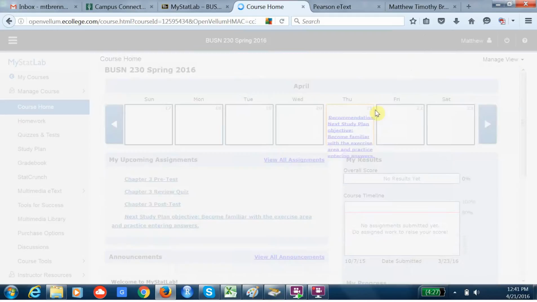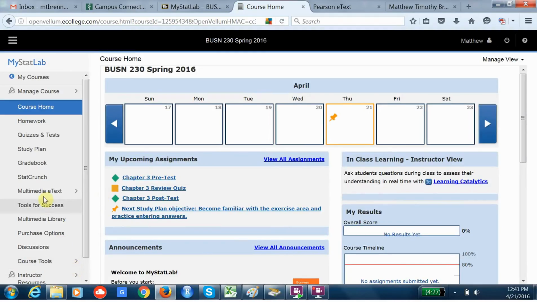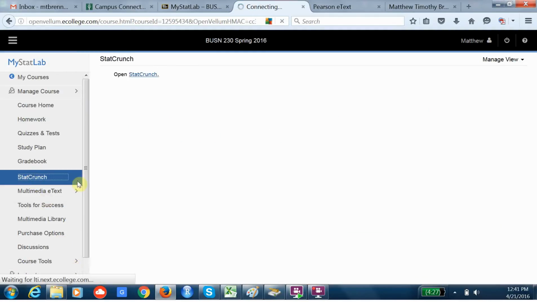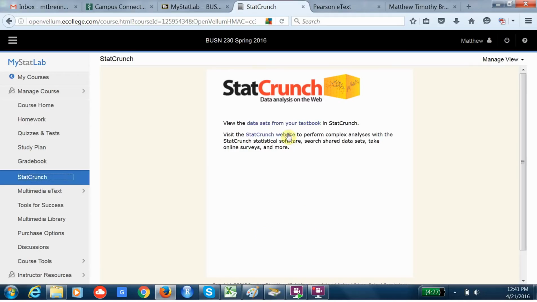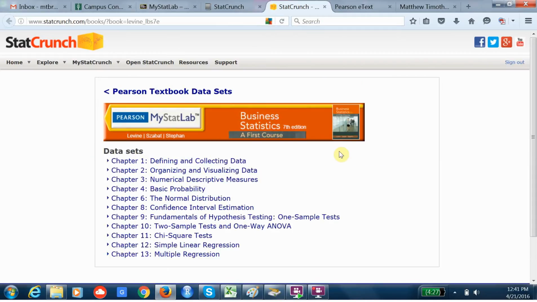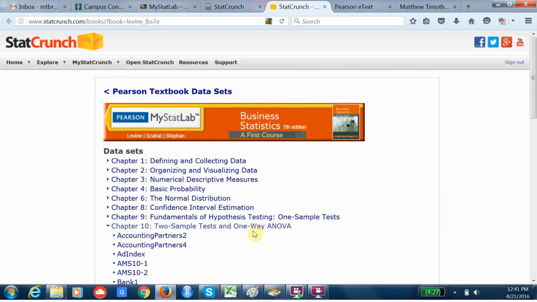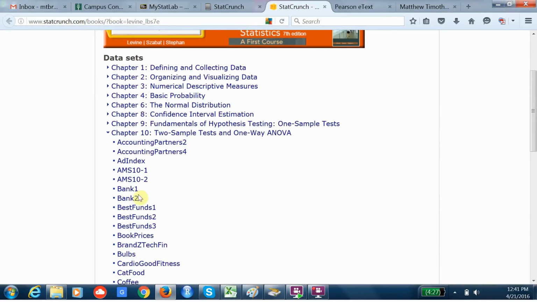So we'll go to StatCrunch. Now we go to Chapter 10, and we want the data from Bank 1 and Bank 2. We're going to have to download both of them.